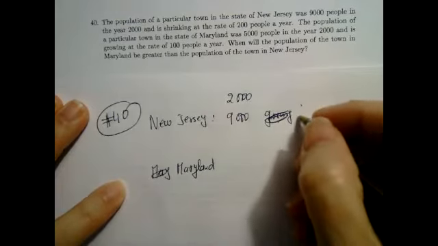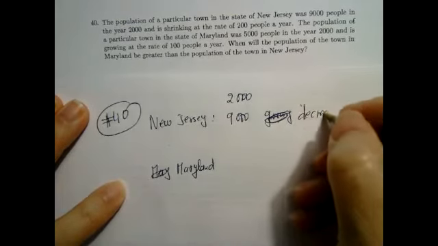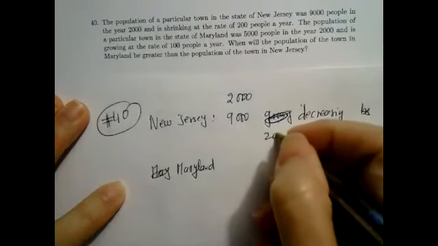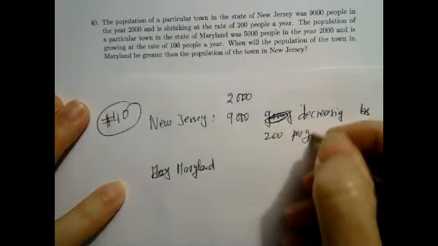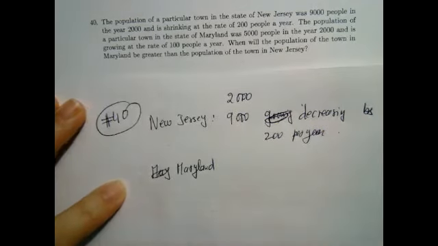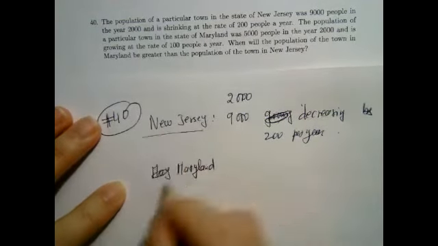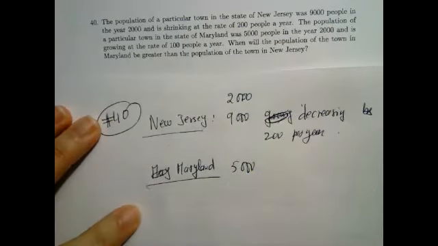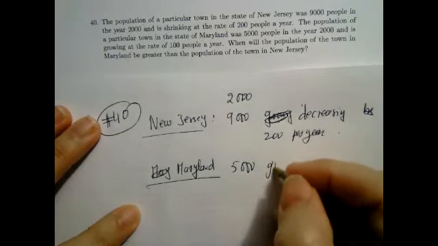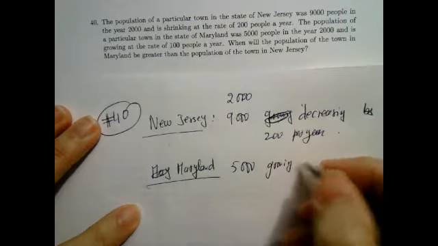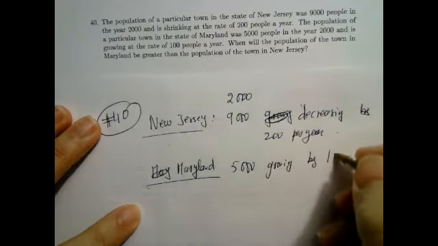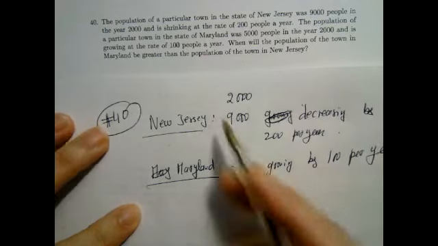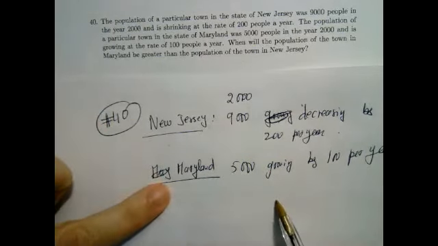The population is decreasing by 200 per year. Every year it goes down by 200. Maryland, in 2000, had 5,000 people, but it's growing. By how much? 100 per year. So this one is decreasing and this one is growing.